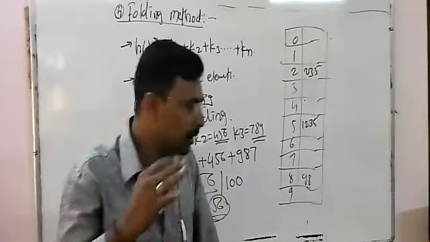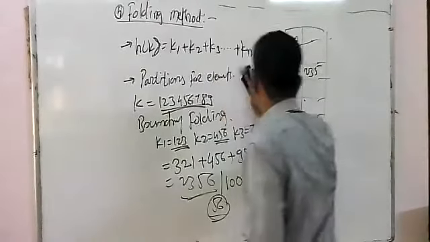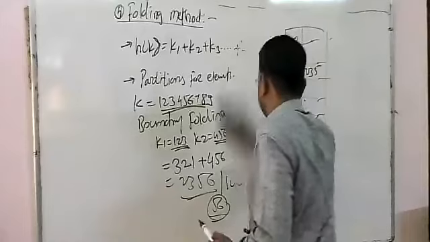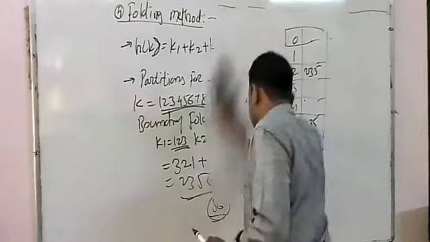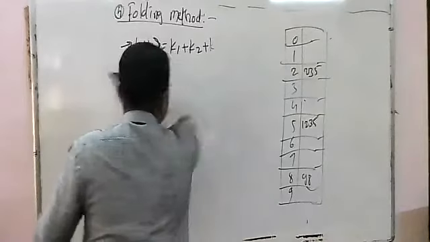Now there is one drawback of this hashing, and that drawback is about storing key values.